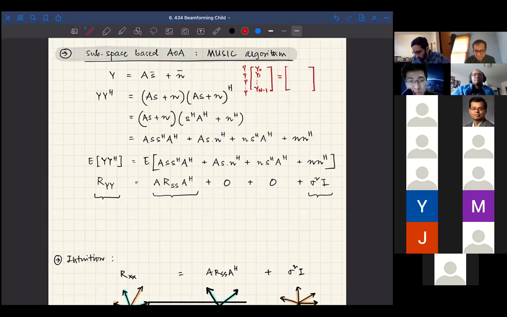A is A1, A2, so on. Let's keep it to 3 values, just for simplicity: A1, A2, A3, and X1, X2, X3. What is A, guys? What is this matrix A in English language?